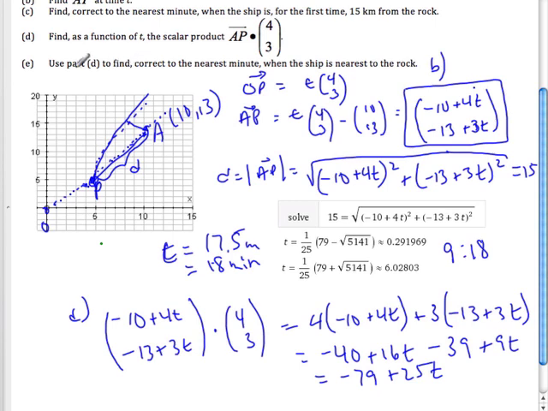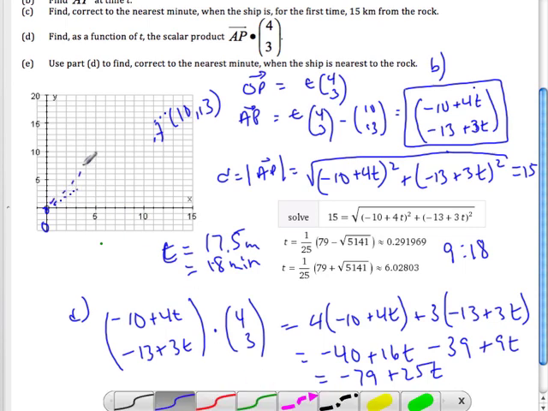Then it says, using part D, find, correct to the nearest minute, when the ship is nearest the rock. If I clear up this diagram a little bit, my ship is going on this path here. Here's 15 kilometers away, here's 15 kilometers away.